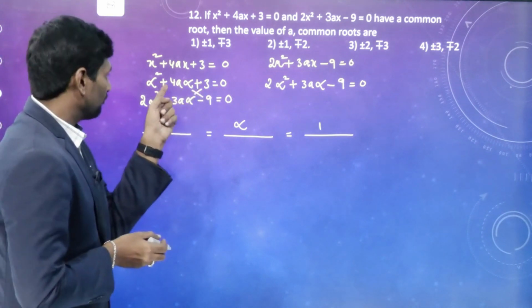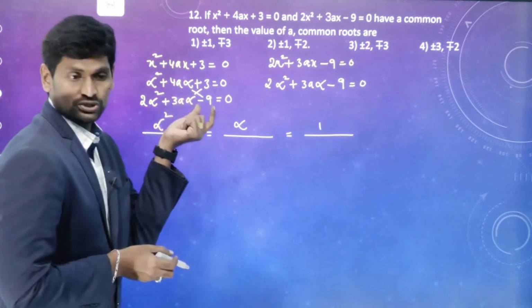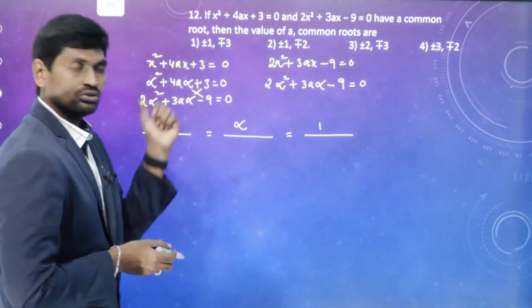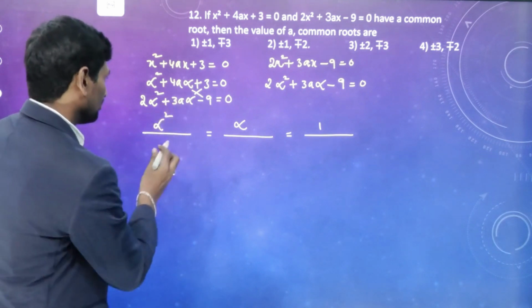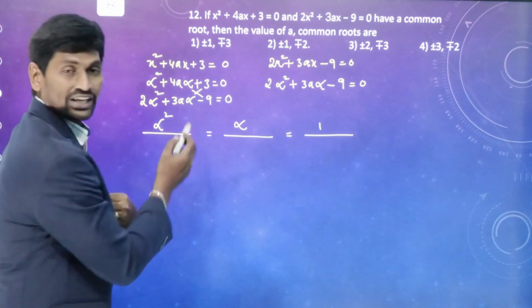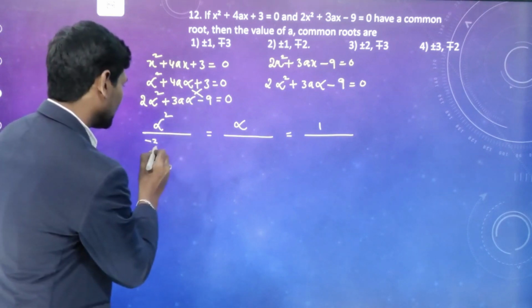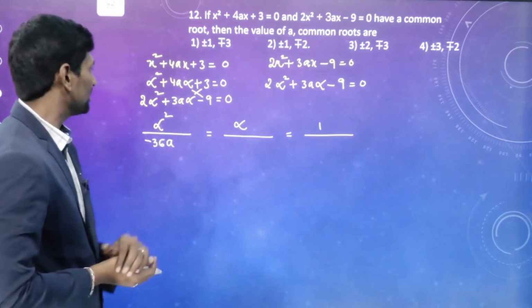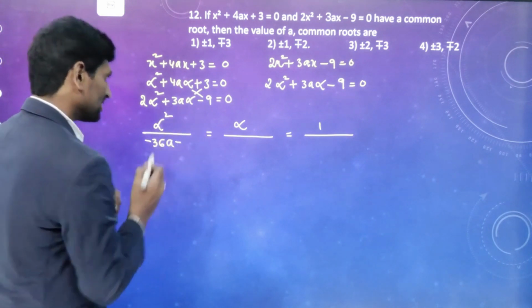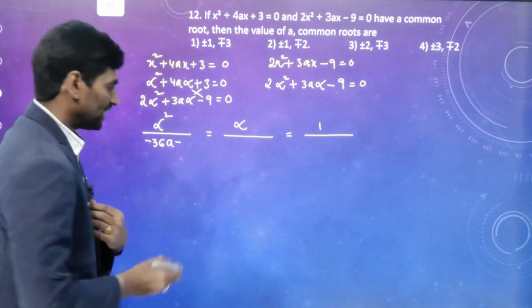What is that? 4a into 9, only coefficients we should take. 4a into minus 9, which is minus 36a. 4 nines are 36, so 36a, minus 3 into 3a, 9a.